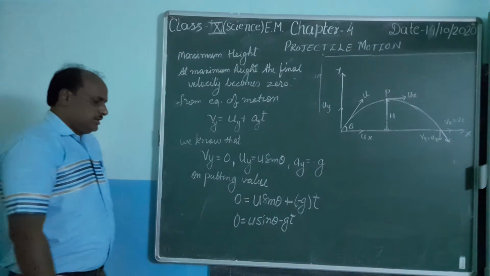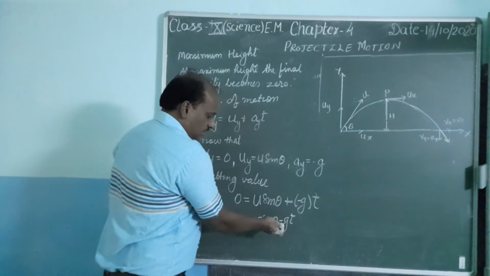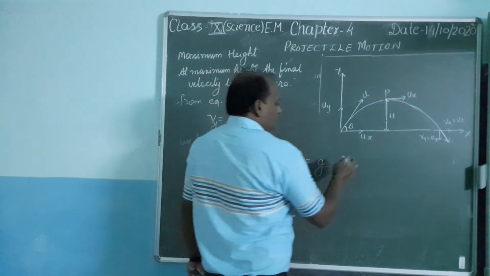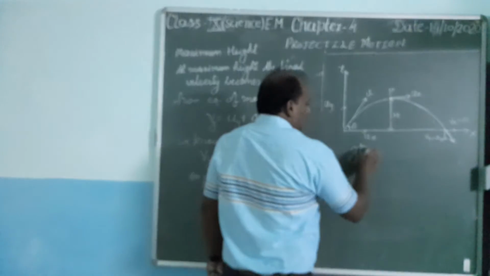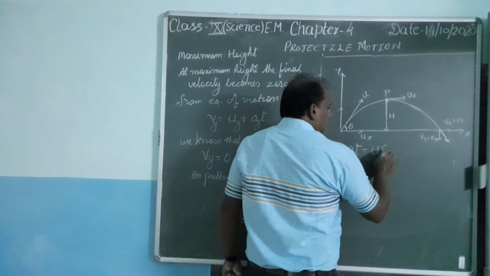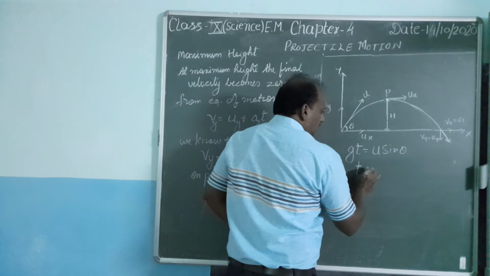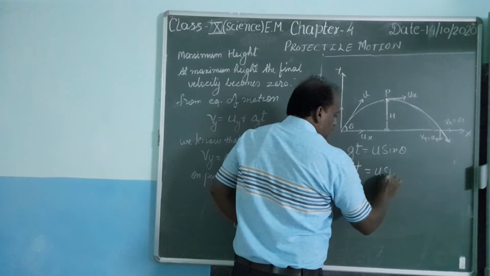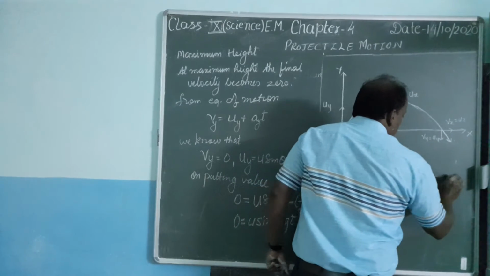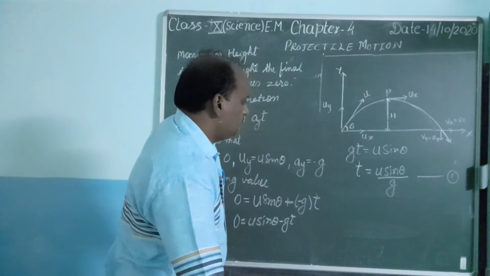We will transpose gt to this side; here it is negative, on transposing it becomes positive. So gt equals u sin theta, and we get t equals u sin theta upon g. Let this be equation number 1. Okay, we get the value of t.